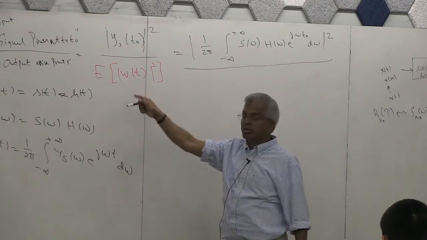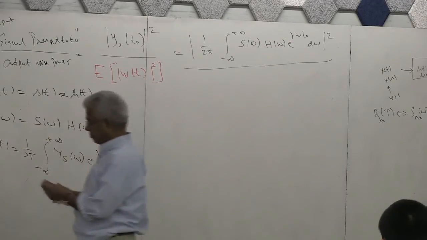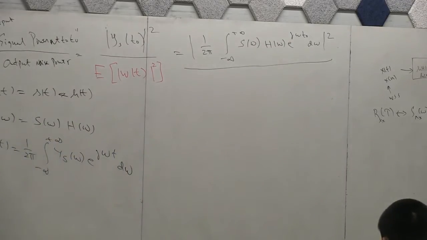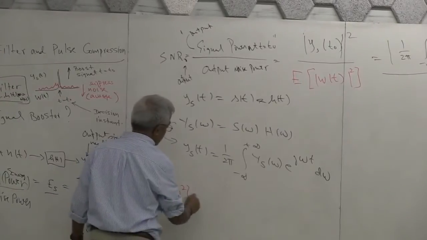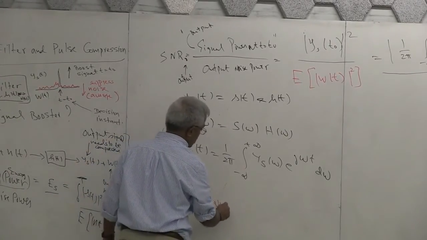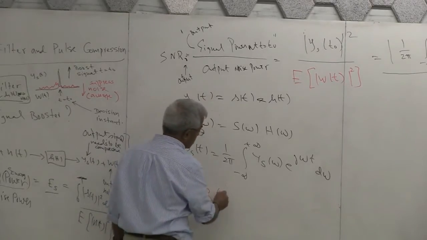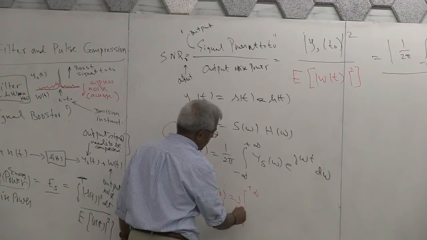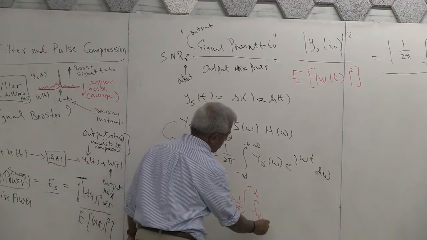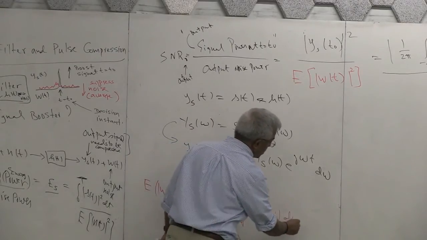Over what is this quantity? Anybody? The expected value of w(t) squared is first of all R_ww(0), which is the same as, as you said, the area under the power spectrum, S_ww(omega) d omega.